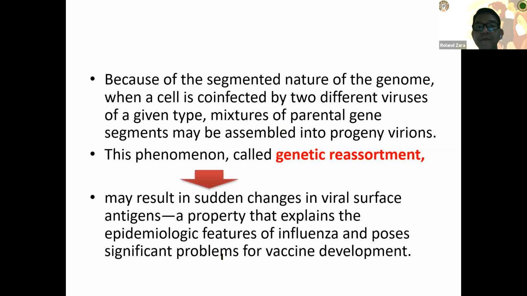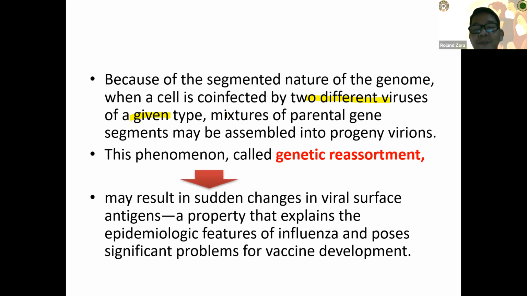So because of the segmented nature of the genome, when the cell is co-infected by two different viruses of a given type, for example, an influenza virus coming from an animal and a virus from a human, when they get together, it undergoes what we call genetic reassortment.